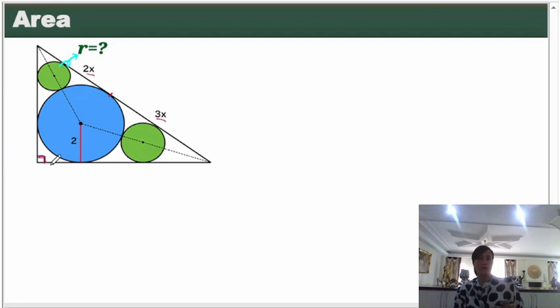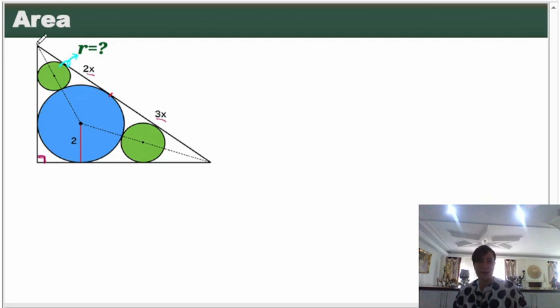I try to use some rules to find first of all x and then go further to find the radius of this circle. So to find out x, first of all, we have the rule that says the tangents from an external point to the circle are the same in length.